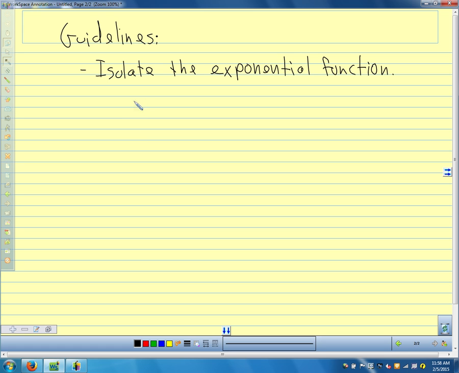And then we can think about it a couple of different ways. We can take the logarithm of both sides. So that's one way we'll do it. The other way we could think about this, and when we go through them, I'll show you both ways, just so you can see the two different ways. We could also, once we isolate the exponential function, rewrite in logarithmic form.